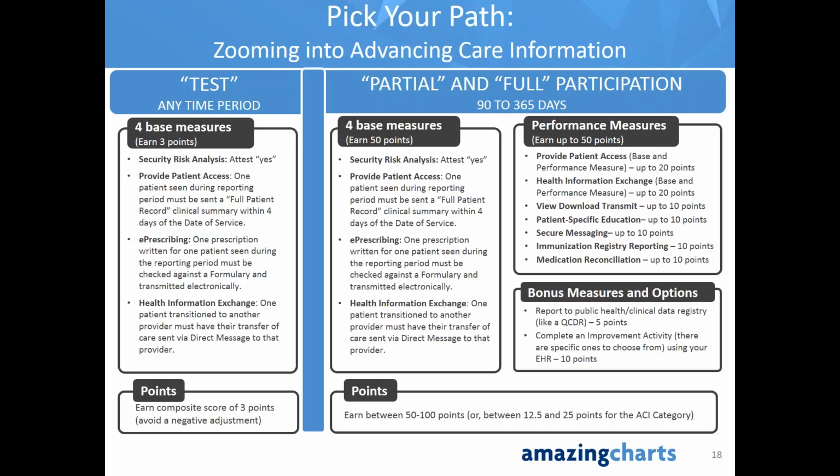And this slide will cover how you would do it if you choose to complete only the ACI category. For the partial and full pass, you get 50 points for completing the 4 required base measures, and the remaining 50 points need to come from performance or bonus.